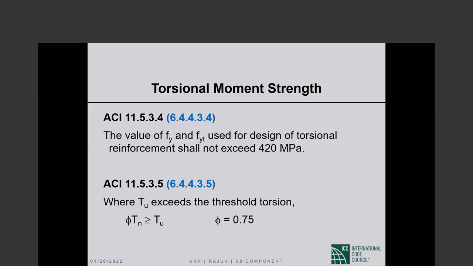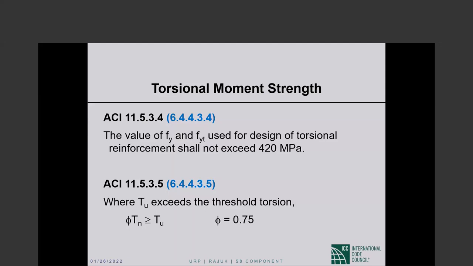Okay? That is again to avoid unsightly wide cracking. If the yield strength is lower, the stresses are lower, and then the cracking is more controlled. So the value of F sub y and F sub yt used for design of torsional reinforcement shall not exceed 420 MPa.